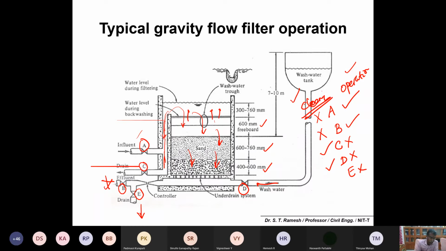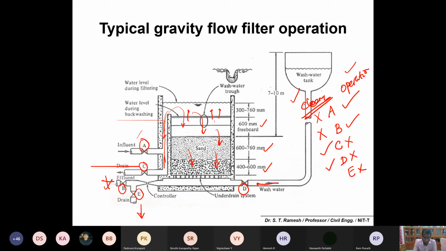You just close the effluent valve and allow some water purposely to waste. You monitor the turbidity level. If it is clear, then you close valve E, open valve B, and collect the effluent through the valves.